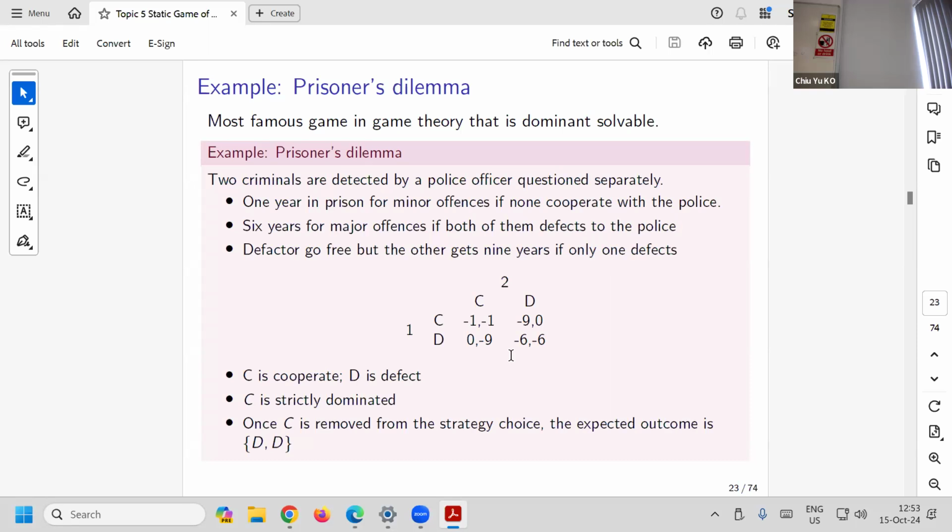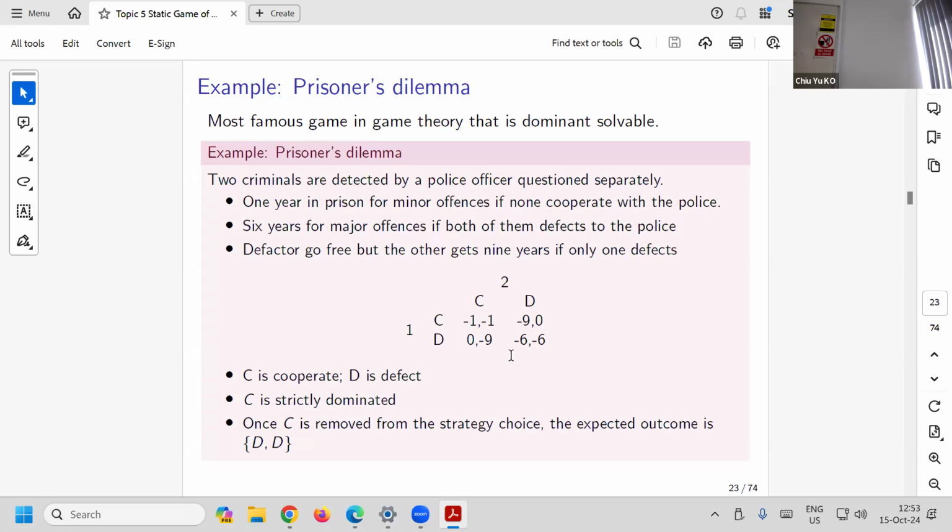And if none of them tells that they're trying to rob the bank, then the policeman can only charge them for illegal possession of guns, and that's it. Probably each of them goes to 1 year in jail.